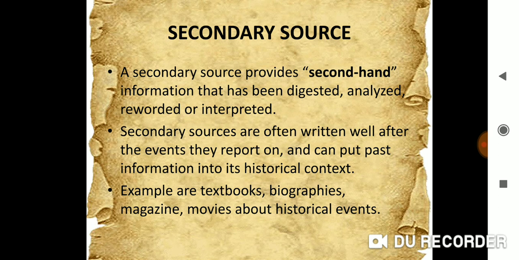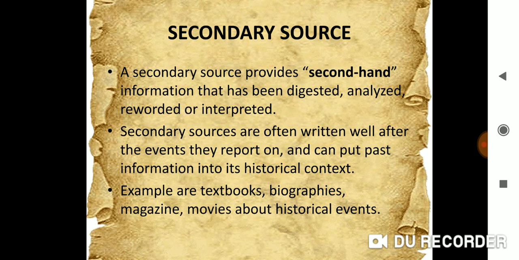For example, your history book is a secondary source, because at first historians saw the original documents. After that, historians wrote one book, and from that book, this book was written. So this is the second-hand or secondary source, meaning that it is not original.